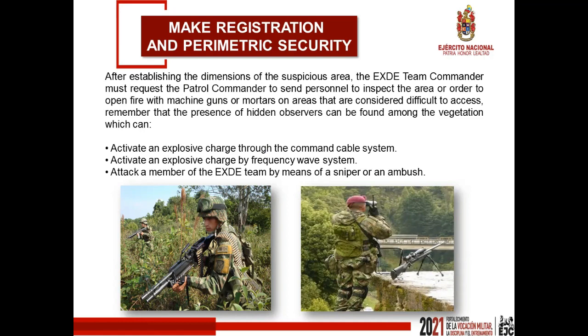Remember that hidden observers can be found among the vegetation, who can activate an explosive charge through the command cable system, activate an explosive charge by radio frequency system, or attack a member of the EXDE team by means of a sniper or an ambush.